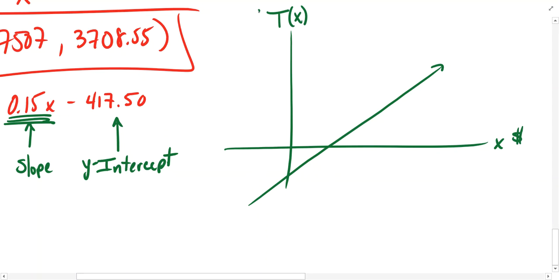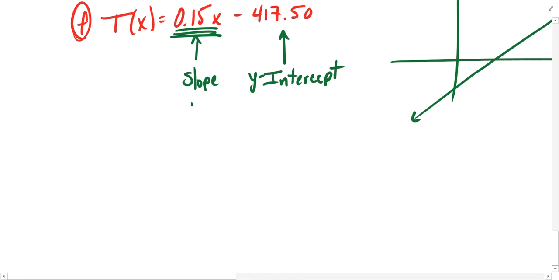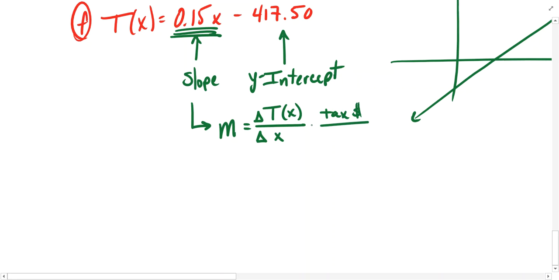Both of these were measurements of dollars, but one was a tax dollar and one was an income dollar. So as we're talking about slope, m is equal to the change in T of x over the change in x. So the change in tax dollars over the change in income dollars.